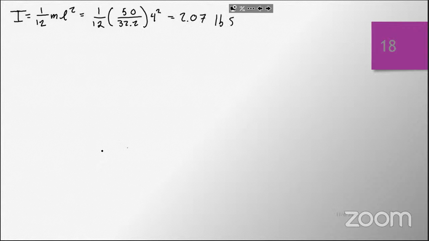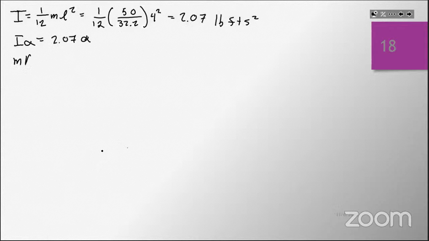I was equal to 1/12 ml squared. So that's going to be 1/12 of 50 over 32.2 times 4 squared, which is 2.07 pound foot second squared. I can calculate I times alpha, right? Well, I don't know what alpha is, but I can still calculate it, right? I can get everything in terms of alpha. I can find MAGX, right?